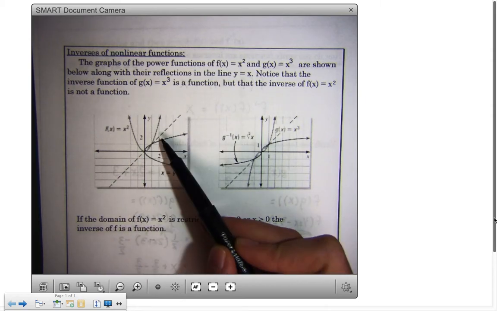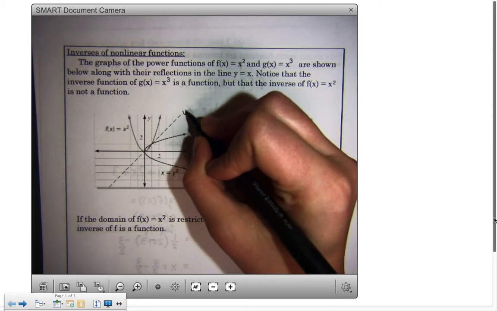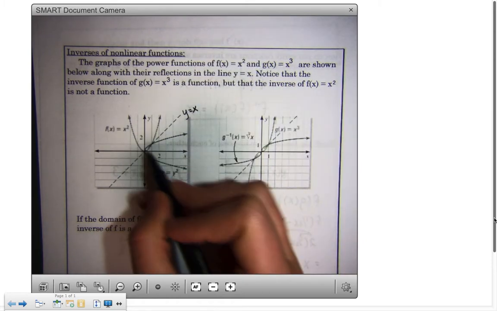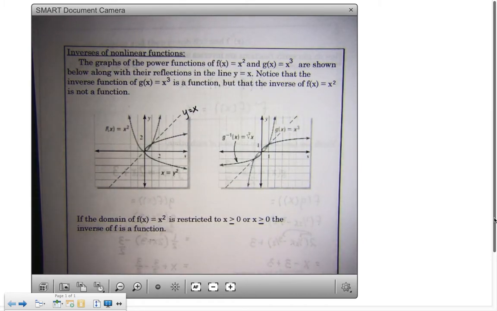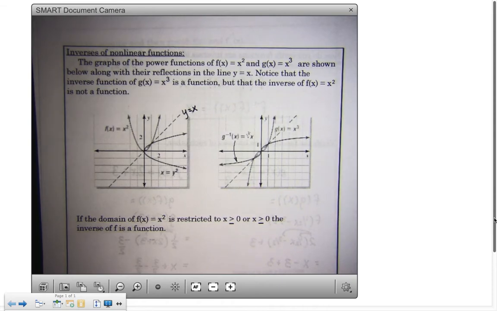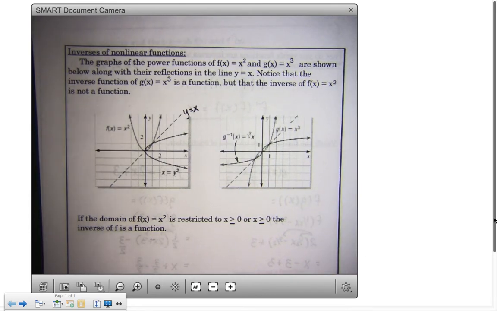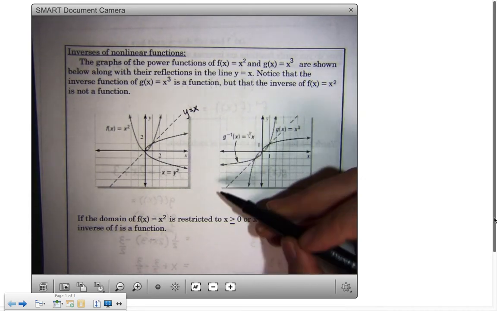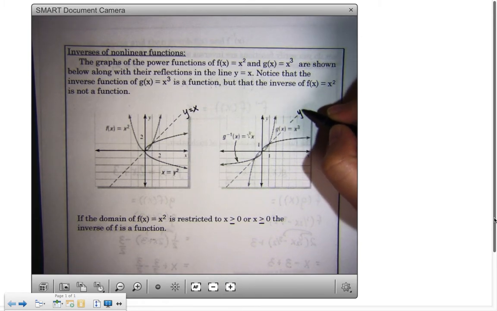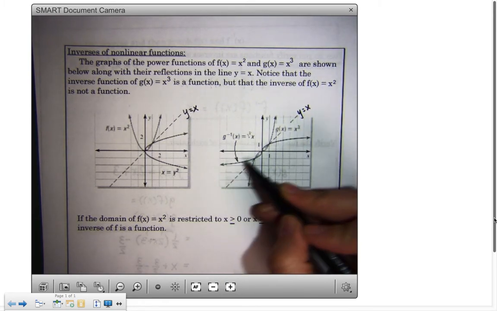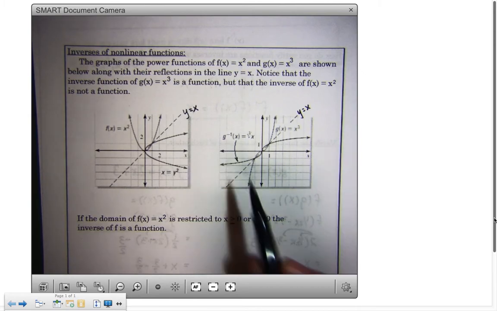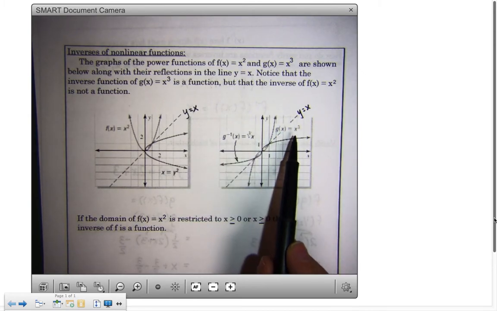This dashed line, that's the line y equals x, and we know that a function and its inverse are reflected over that line. Over here is the graph of y equals x cubed. That's your parent function of the cubic. If you reflect that over this dashed line y equals x, that gives you the inverse of the cubic function, which would be x equals y cubed.